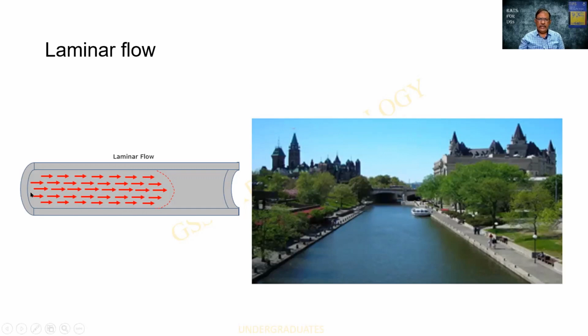There is no disturbance at all, and the cells are all flowing as though they are soldiers in a regiment. The smaller cells, such as the platelets and the lymphocytes, will be taking the axial flow, whereas the larger cells will be slightly away, but nothing will be touching the endothelium. So this is a layered flow called the laminar flow.